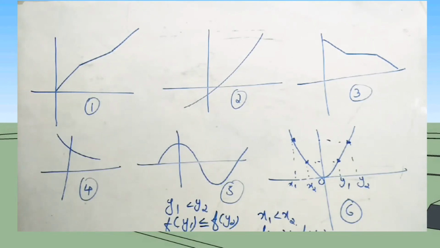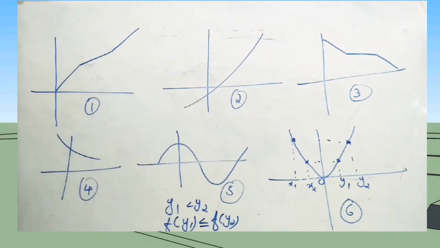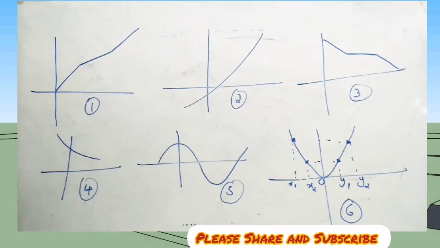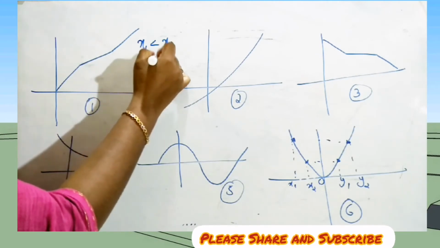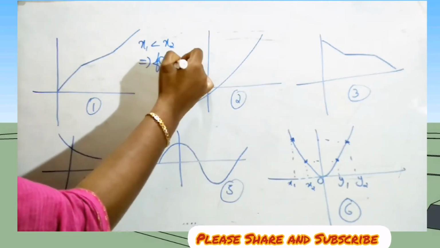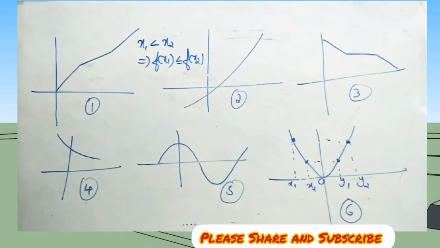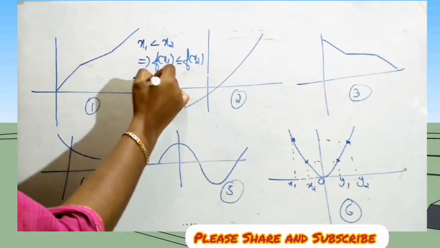So if you want to check whether the given function is an increasing function or a decreasing function, we will take arbitrary points x1 and x2, and if x1 is less than x2 and thus f of x1 is also less than or equal to f of x2, this implies our function is increasing.